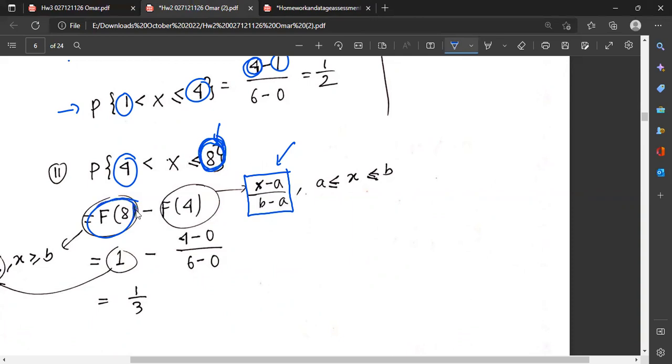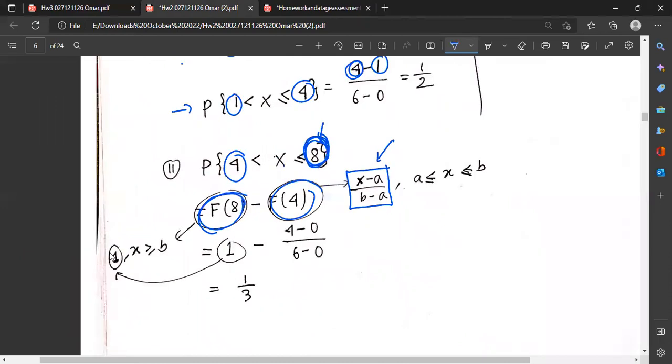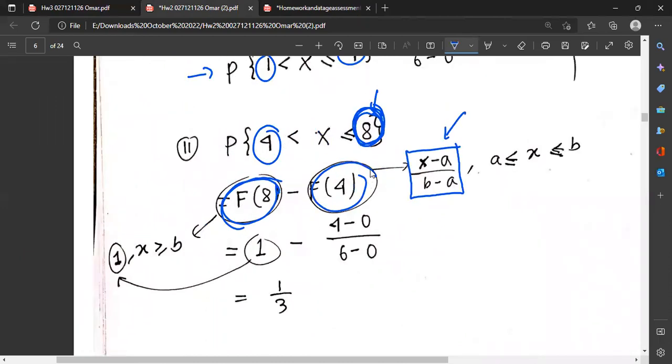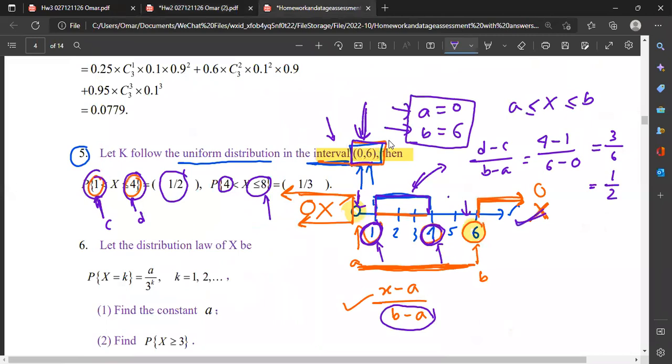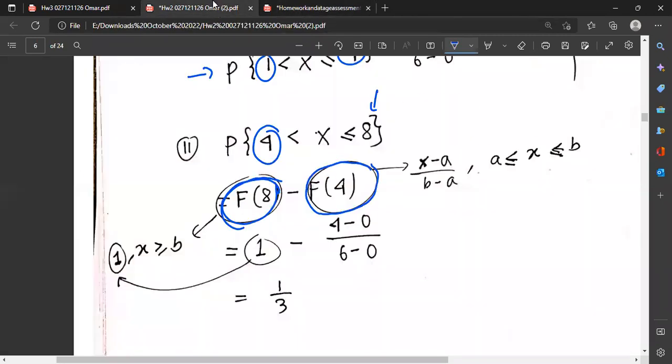Firstly, we find f of 8 and then minus f of 4. So be careful here. We have f of 4, and 4 is between our given interval 0, 6. So 4 is inside this given interval. That's why we use this formula.